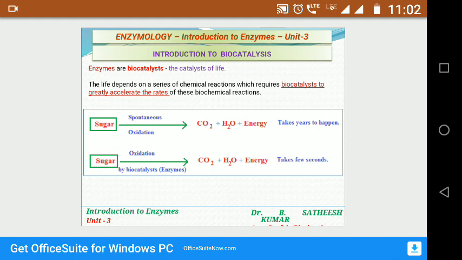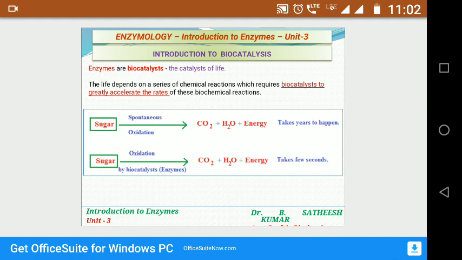A catalyst is a substance that increases the rate of a chemical reaction without itself undergoing any permanent chemical change. So that means the structure of a catalyst will be the same before the chemical reaction and after the chemical reaction also, but it will increase the rate of the reaction. So that is the role of a catalyst.